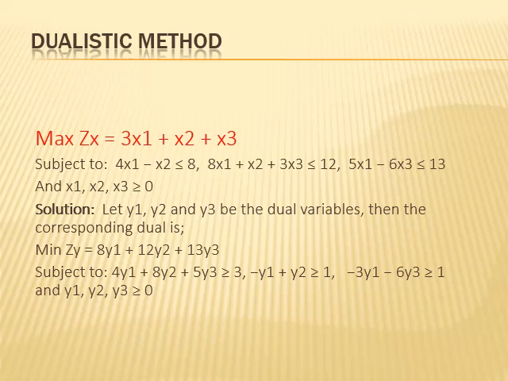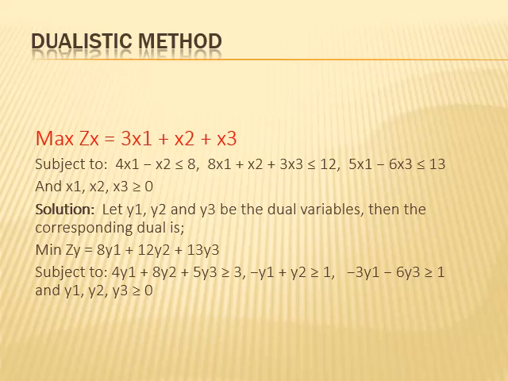Now, as you see, the objective function is a maximization function. The coefficient of x1 is 3, the coefficient of x2 is 1, and the coefficient of x3 is 1.